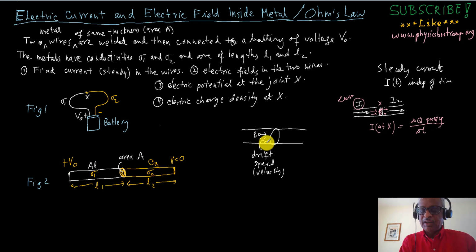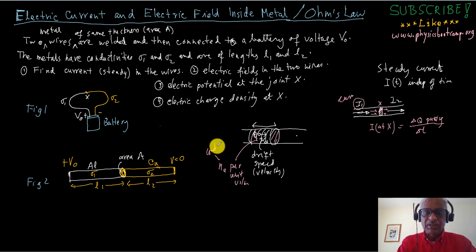So if I assume that this is constant, then in time delta t, all of these charges would move past it, right? That's the way you can think about it. So if there are n_e electrons per unit volume, and these are conducting electrons.